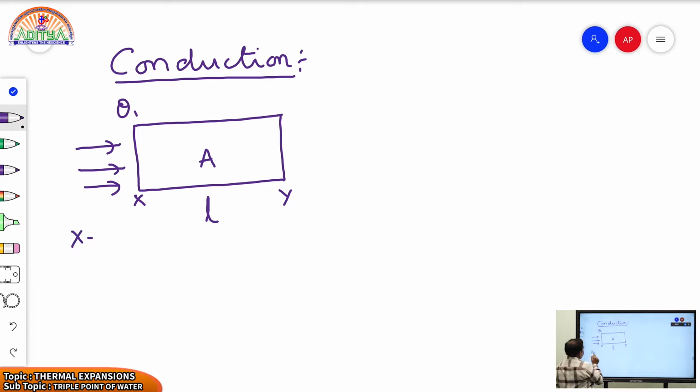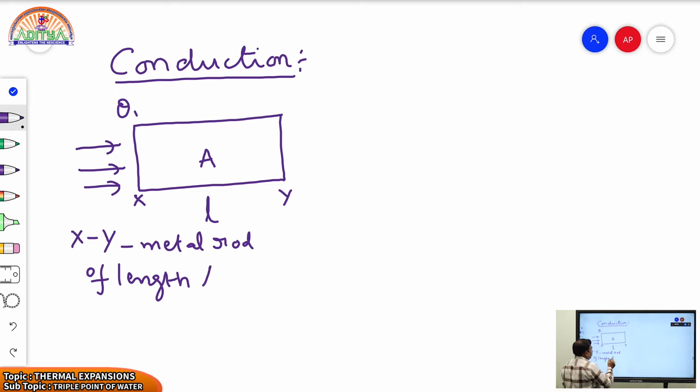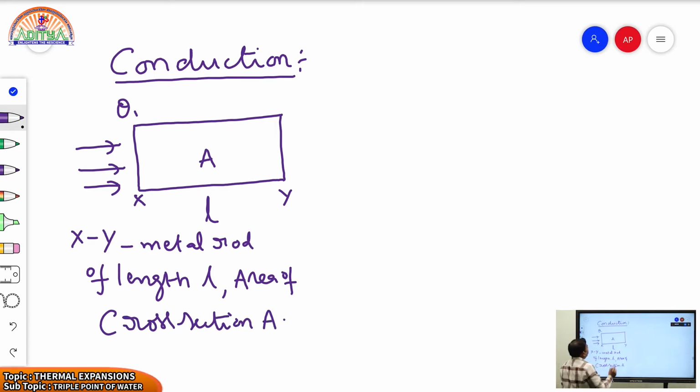So XY is a metal rod of length L, area of cross section A. Heat enters through the face X. So at X, temperature is theta1.